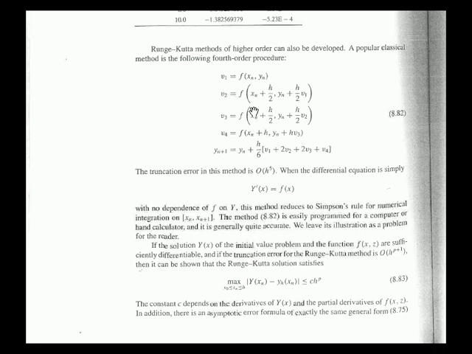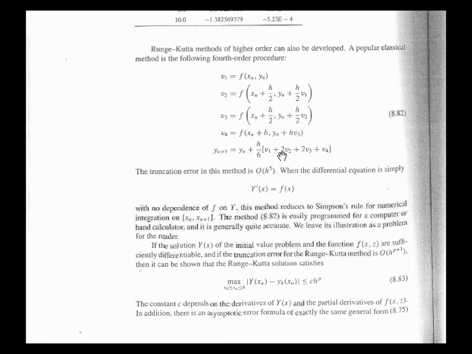But where in the world did this come from? Well, if f happens to be a function of x only, then this is just Simpson's rule applied to integrate both sides of the differential equation. You integrate y prime and you get y at x plus h minus y of x. Integrate the right-hand side using Simpson's rule, and you get exactly this.